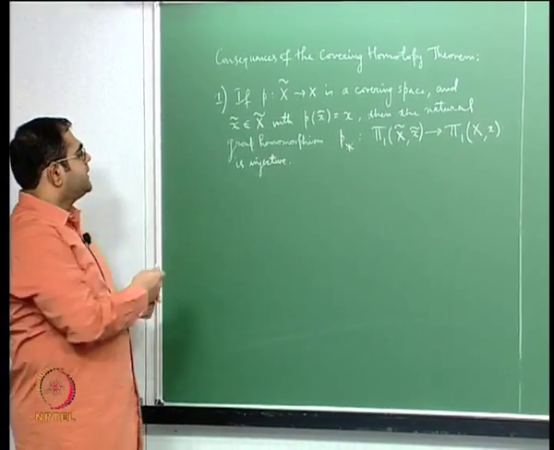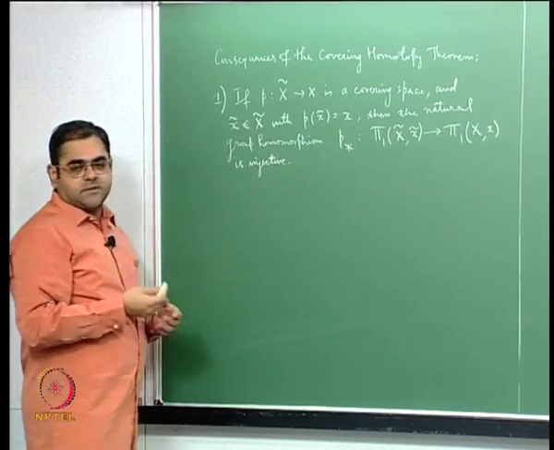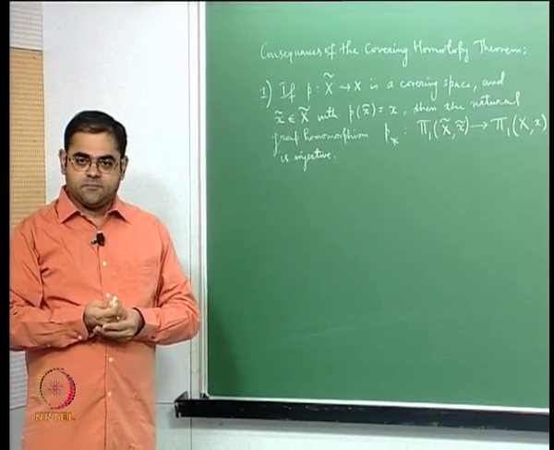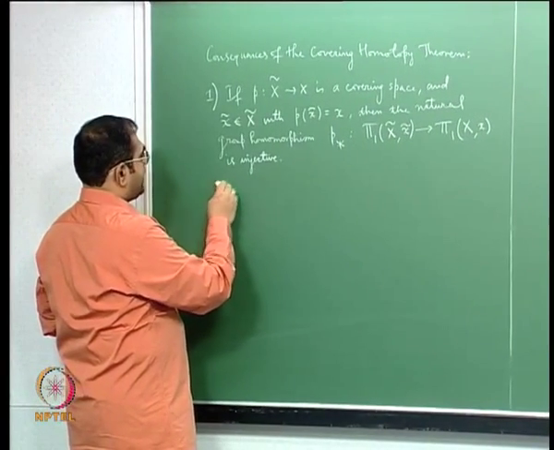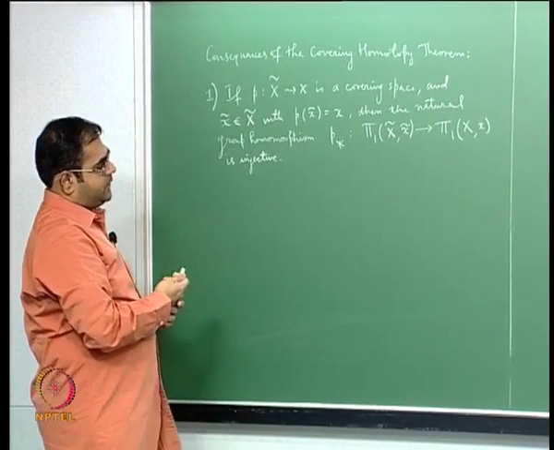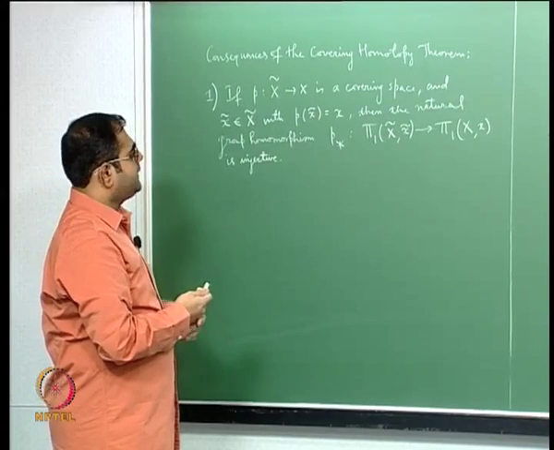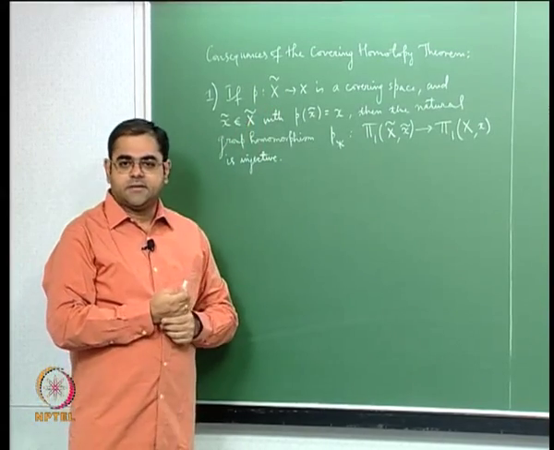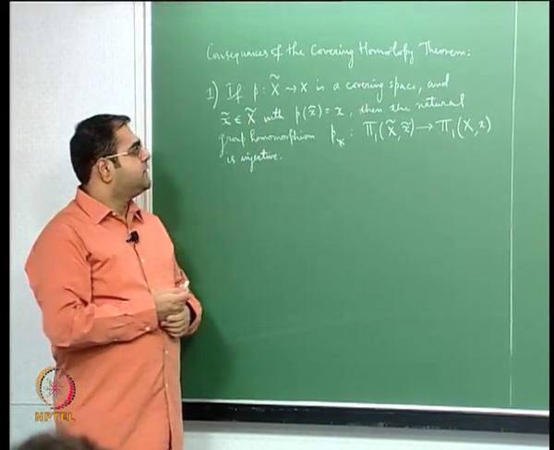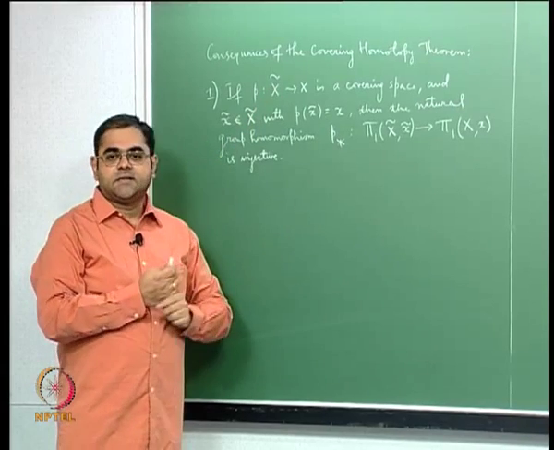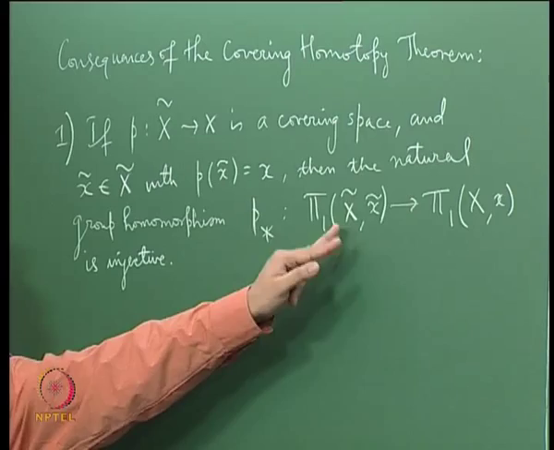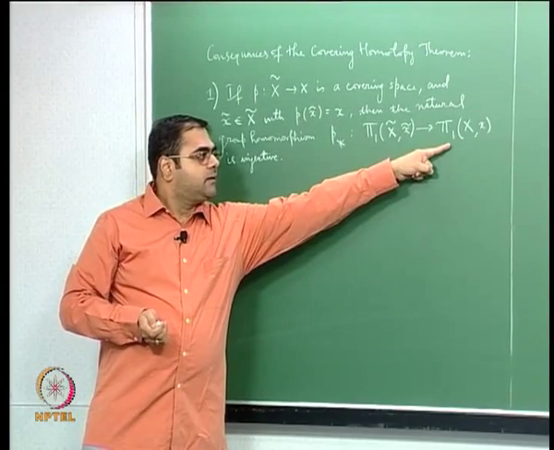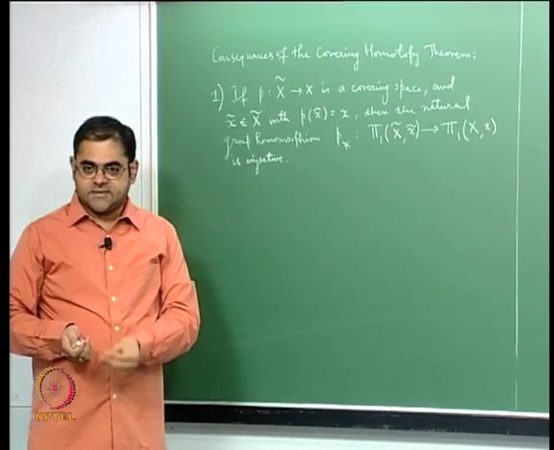The injectivity was of course derived using the covering homotopy theorem. And in the case when this is a universal covering, the space x tilde is simply connected, so the fundamental group above is trivial. So what you get as a subgroup of the fundamental group below is just a trivial subgroup.